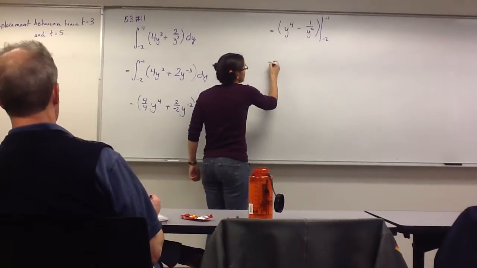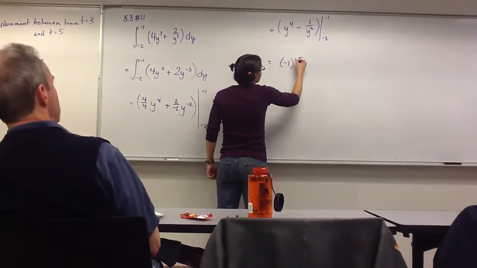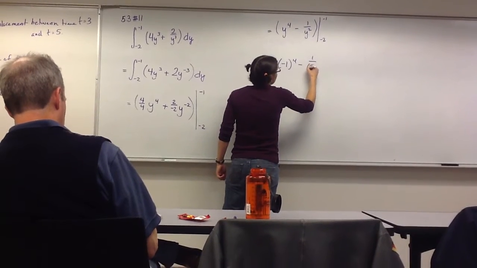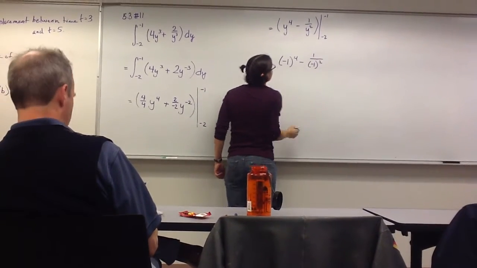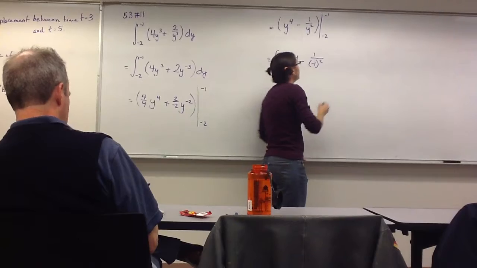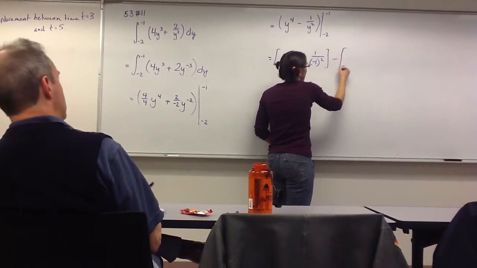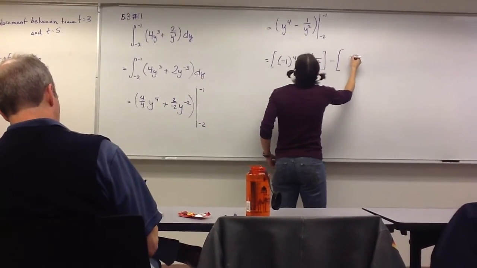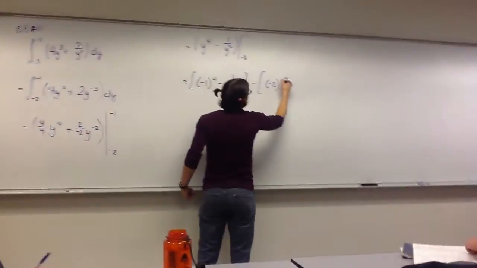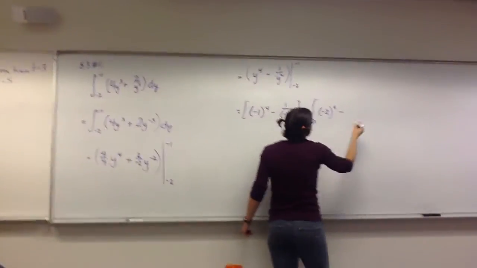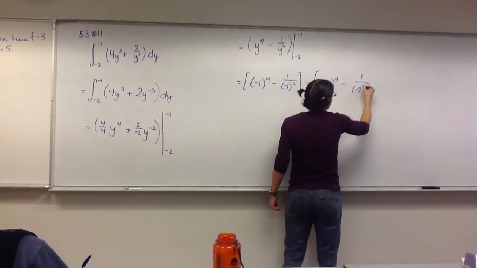My top boundary is -1, so I have -1 to the 4th minus 1 over -1 squared. And then minus, plugging in the bottom boundary, -2 to the 4th minus 1 over -2 squared.